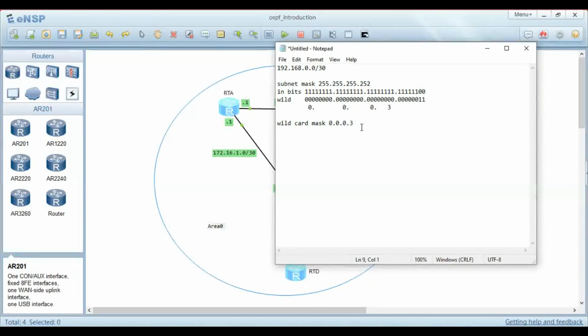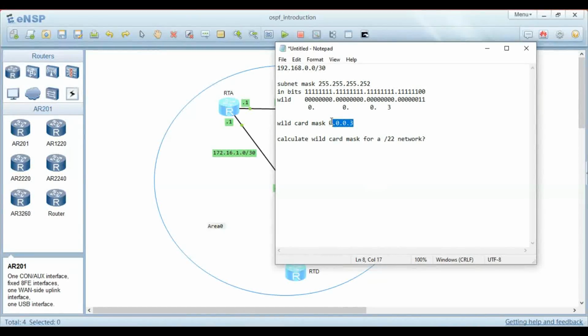So maybe for your homework, calculate the wildcard mask for a slash 22 network. You can give your response in the comments below as you subscribe.